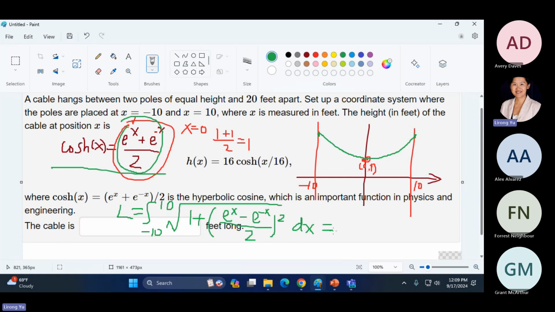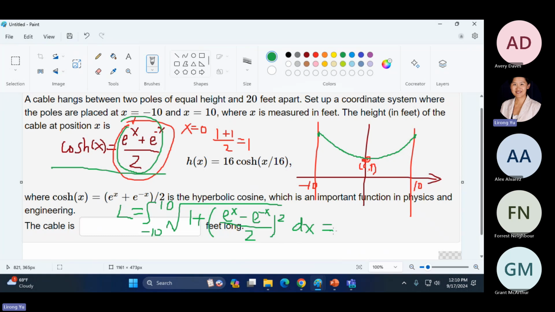You can see as you calculate it, you have a similar thing happening as before, right? If you square this, you have 1/4 e to the 2x, and then minus the multiplication of the 2, where e to the x times e to the negative x is 1. You have a -2, but then outside you have the 1/2 squared, which is 1/4. So -2/4, you have -1/2 out of that square.